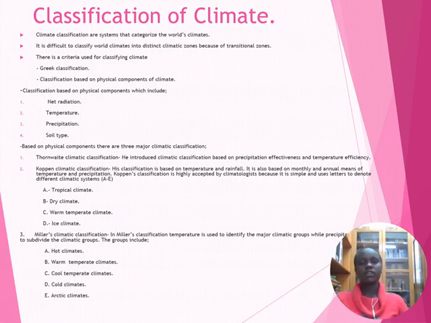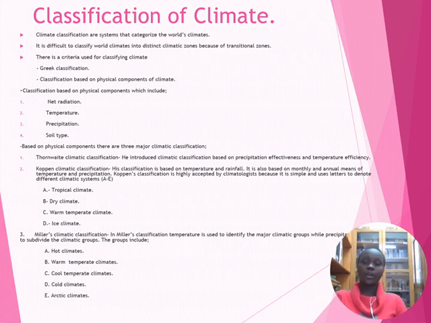Precipitation refers to all forms of water coming from the sky or the ground, for example, snow, fog, and all those. Soil type refers to all the different types of soil. So in this lesson, we are going to base our learning on the classification based on physical components.